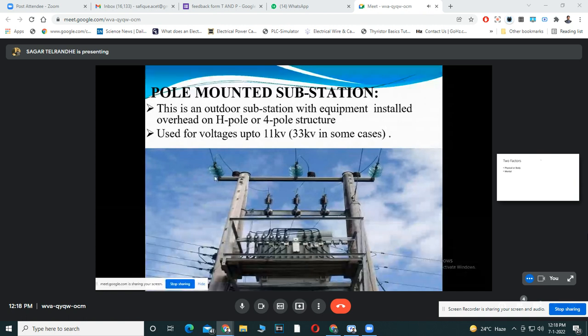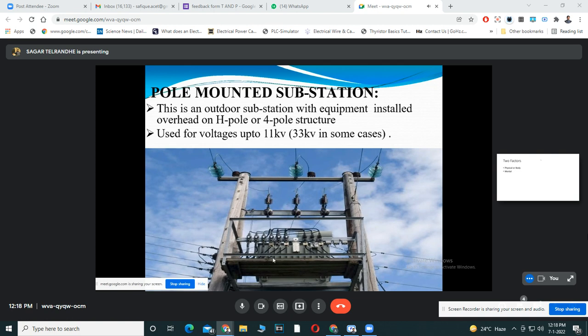The blue color insulator is made up of glass, whereas the brown insulator is made up of porcelain clay. This type of substation is used for voltage up to 11 kV, and in case of industries, it is used up to 33 kV.